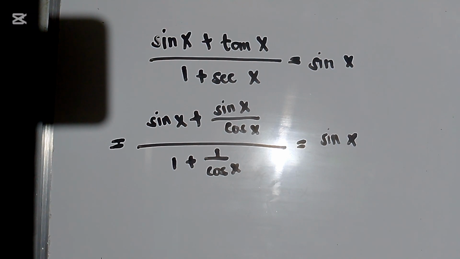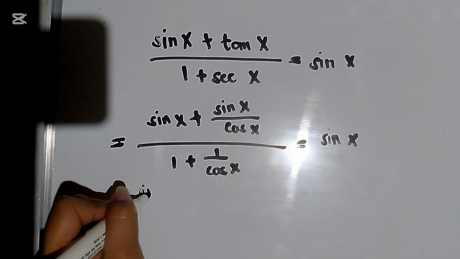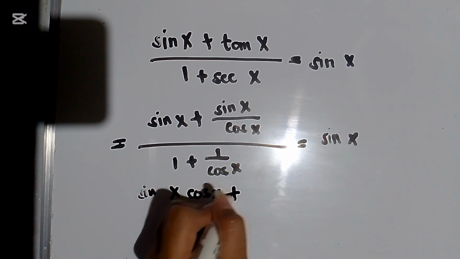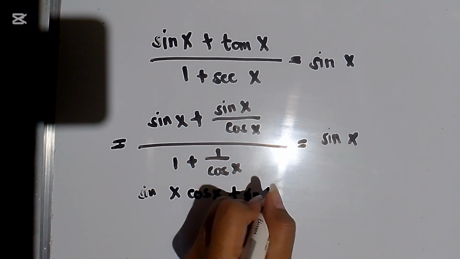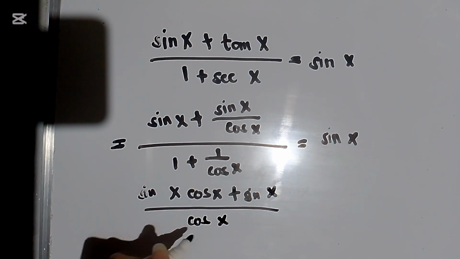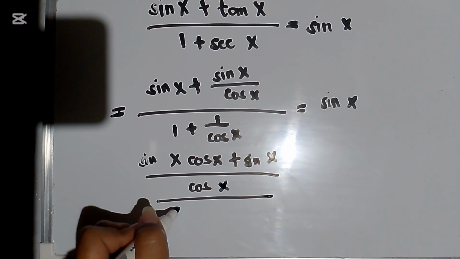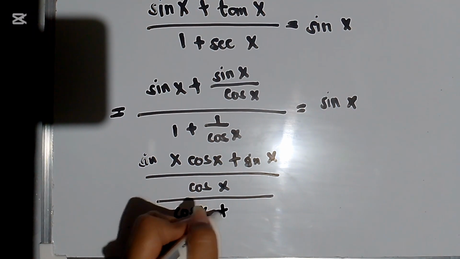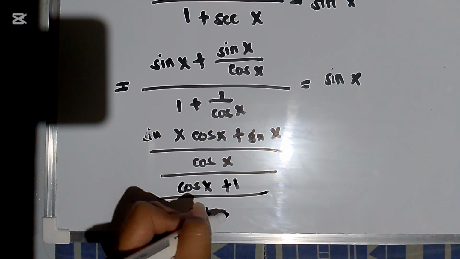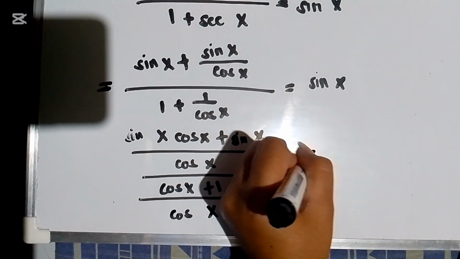And now, our expression simplifies to (sin x cos x + sin x) over cos x, over (cos x + 1) over cos x, and just copy sin x.